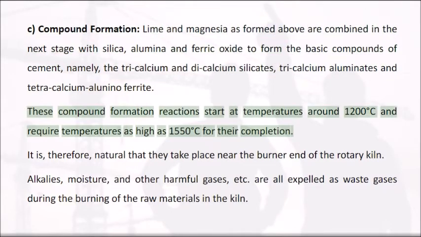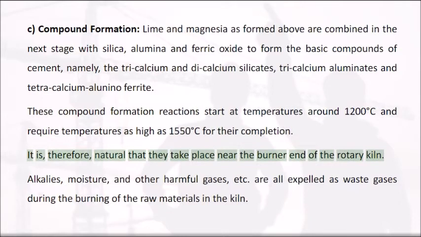These compound formation reactions start at temperatures around 1200 degrees Celsius and require temperatures as high as 1550 degrees for their completion. It is, therefore, natural that they take place near the burner end of the rotary kiln.